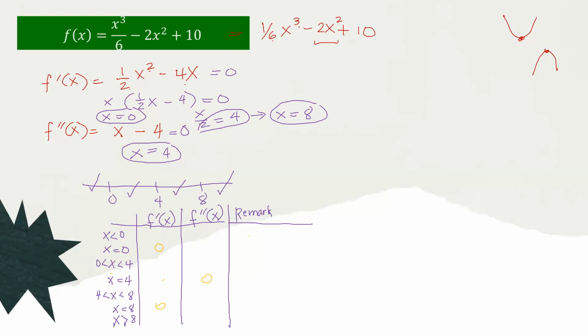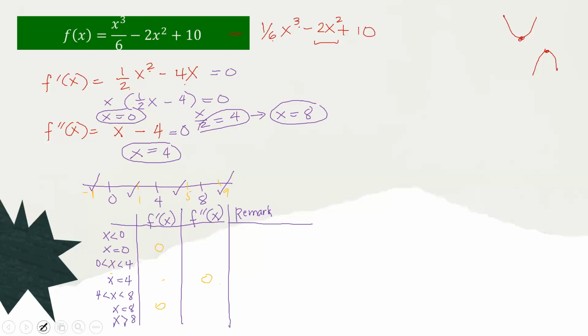Anyway, so ito yung possible na inflection point, yung na kay 4, tapos si 0 tsaka si 8, isa sa kanila, local min or local max. No? So less than 0, kunin natin yung si negative 1. Tapos dito sa 0 to 4, kunin natin si 1. Dito kunin natin si 5, then si 9.